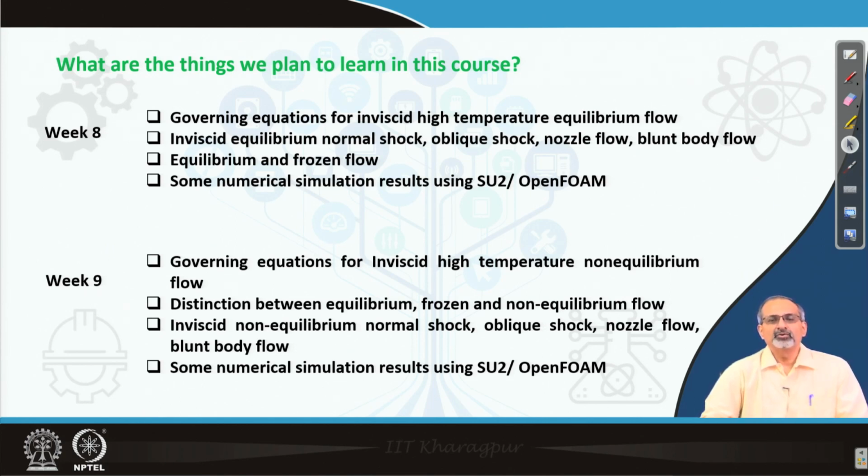So, we will also briefly discuss the schemes that have been used in the flow solver in order to solve the governing flow equations, how the mesh has been generated around the body or inside the body in order to calculate the flow properties, and what the outcomes of the numerical simulation are.